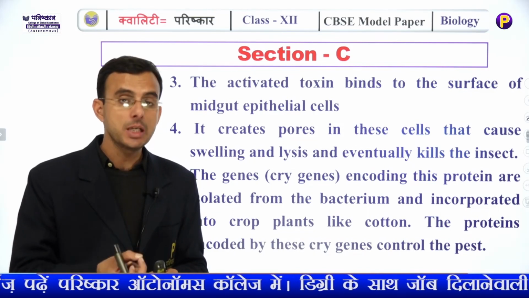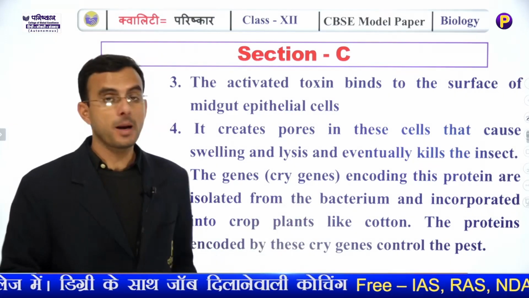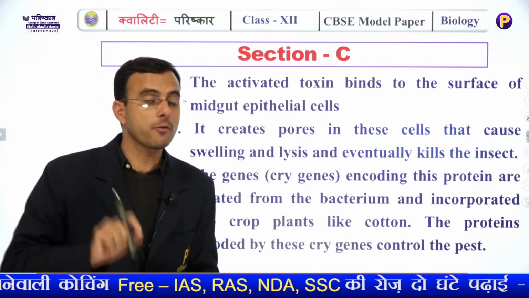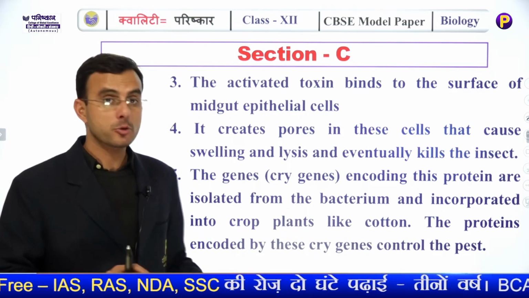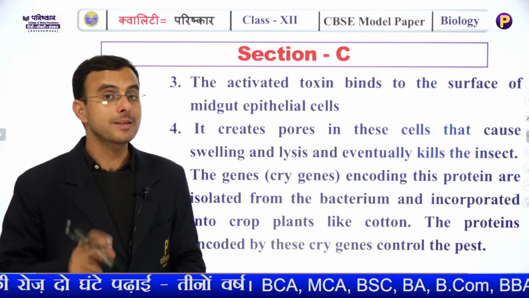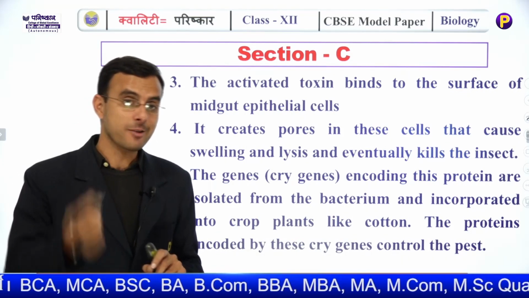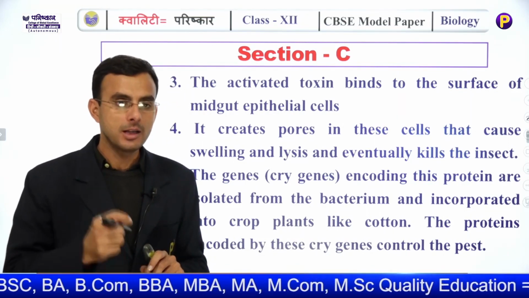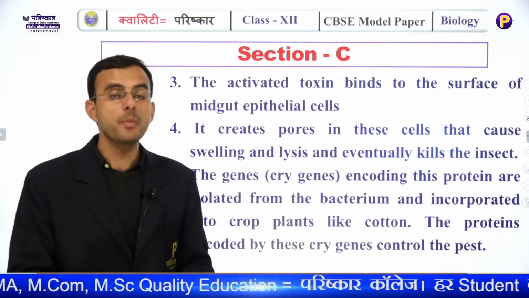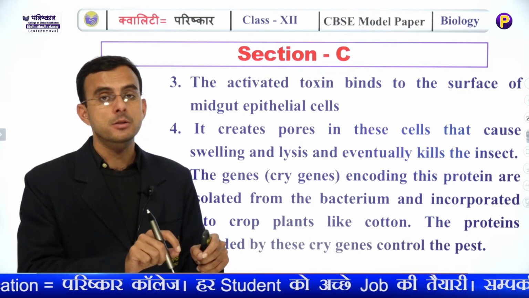After incorporation into the cotton plant, the cry gene is expressed in the form of protein, which means the plant is also producing Bt toxin. So if the insect eats the cotton leaf or any other part, it creates the same effect that the Bt toxin creates in Bacillus thuringiensis.